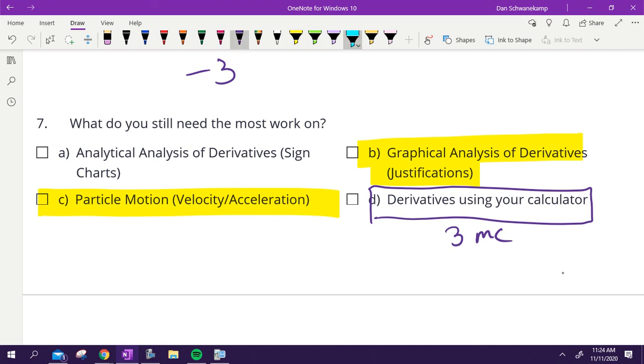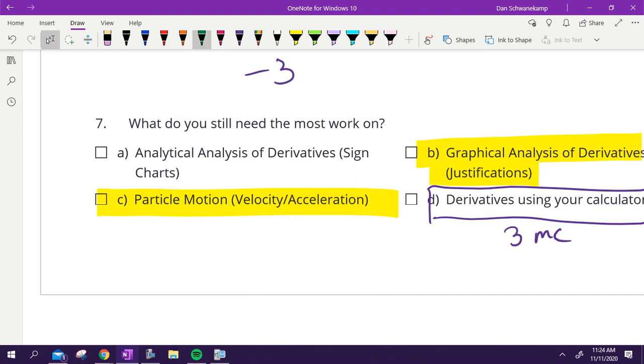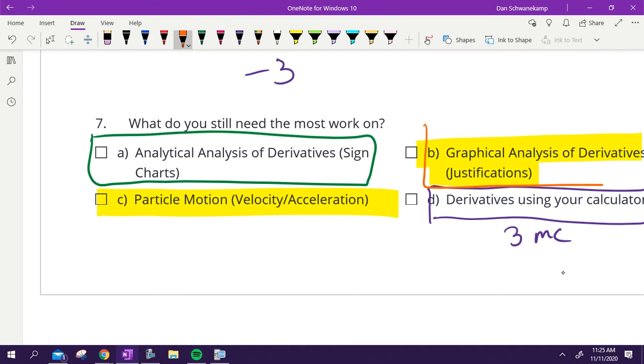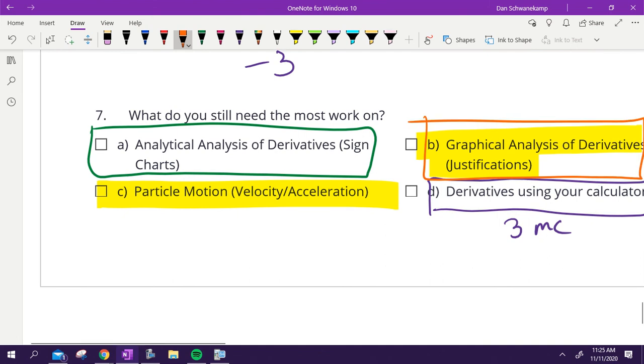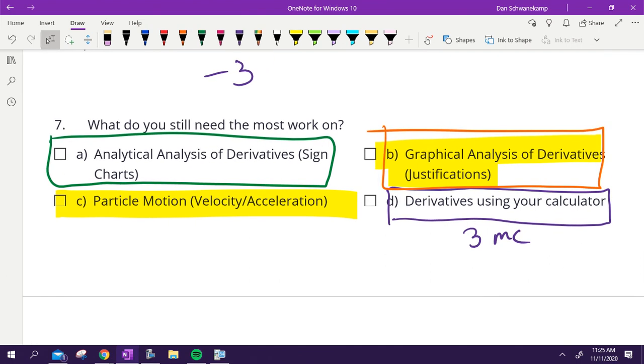Okay, particle motion. Again, I would say maybe at most there are going to be like 3 multiple choice questions, maybe a free response, but that's not been the main part. The 2 big things going in tomorrow are this and this. Those are the 2 things you got to be able to do. The first one is being able to take a derivative, set it equal to 0 and solve it, or when it's undefined and solve it.